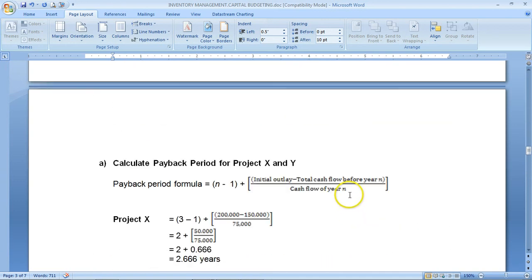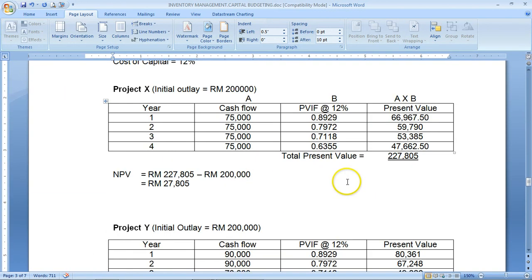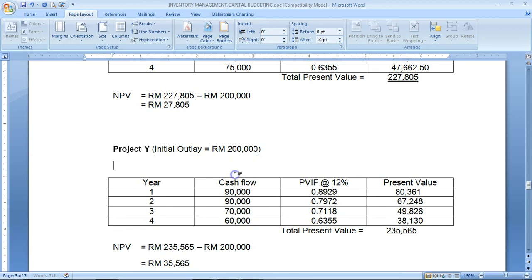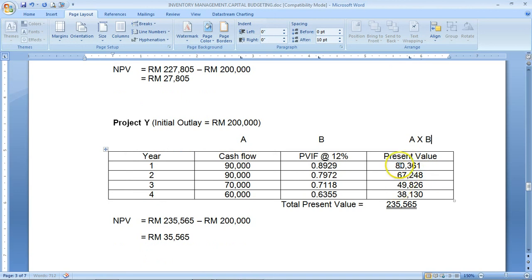So you write back the tables and do the same steps as project X. You put PVIF 12%, and as I said just now, class, this is how to calculate total present value. This is A, this is B, and you get A times B. So you get your answers, then you add all the present values to get the total present value.